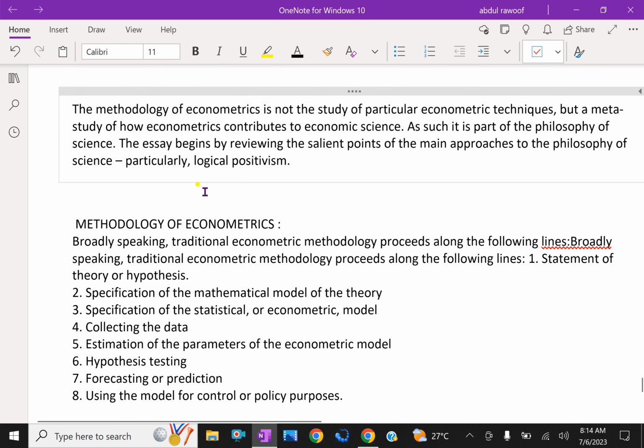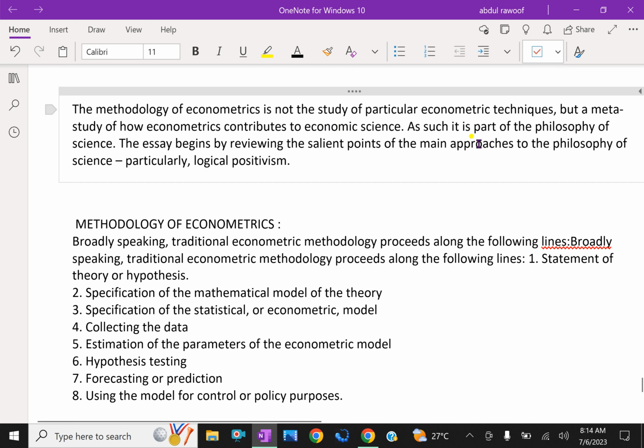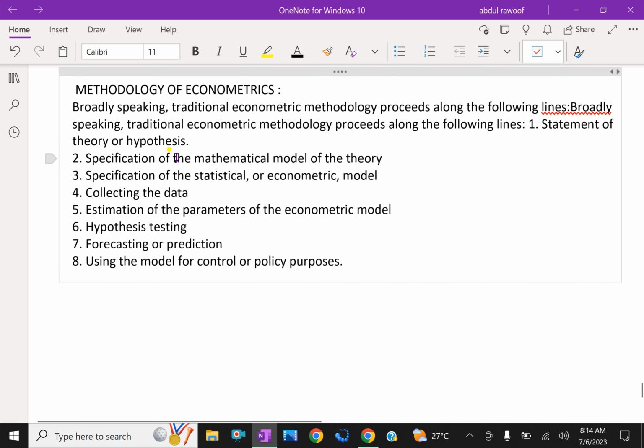The methodology of econometrics is not the study of particular econometric techniques, but a meta study of how econometrics contributes to economic science. As such, it is part of the philosophy of science. The essay will further discuss the methodology of econometrics point-wise.